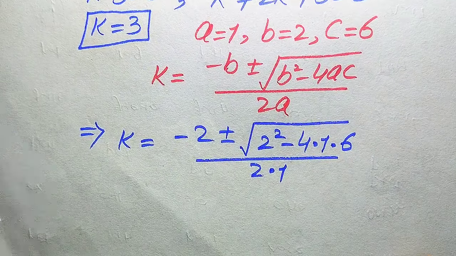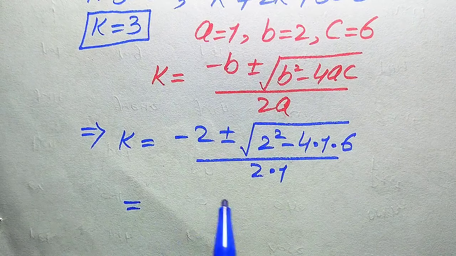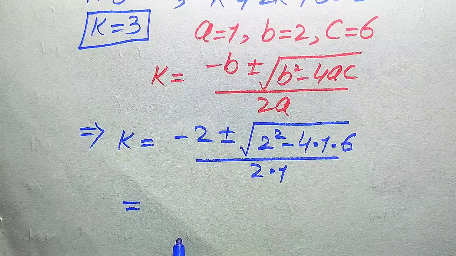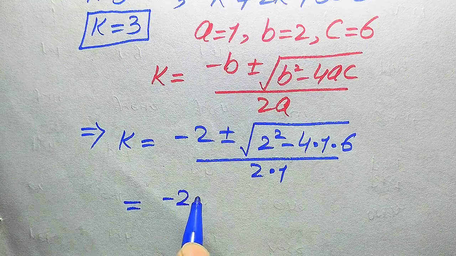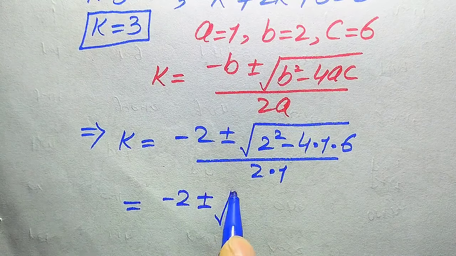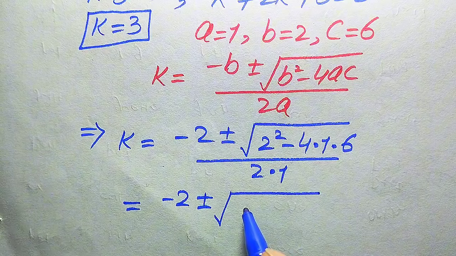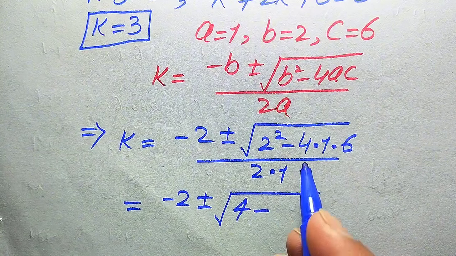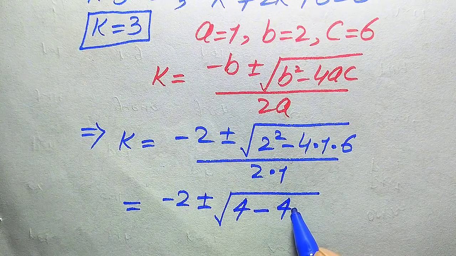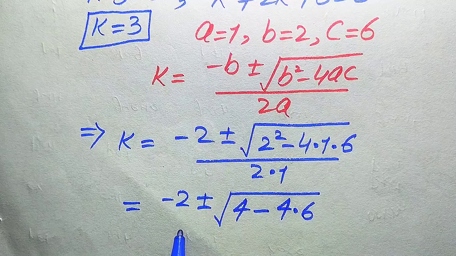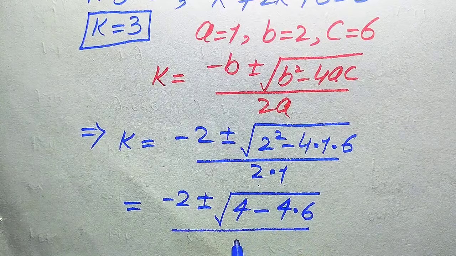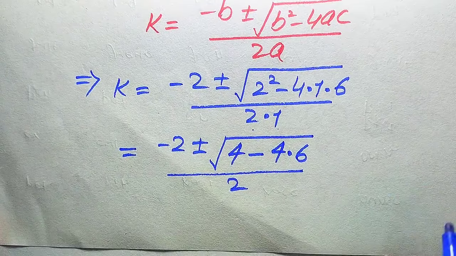So here our a equals 1. And further in the next step we need more simplification, and it will be written as minus 2 plus minus square root of 2 square becomes 4, minus 4 times 6, and it is divided by 2 times 1 becomes 2.